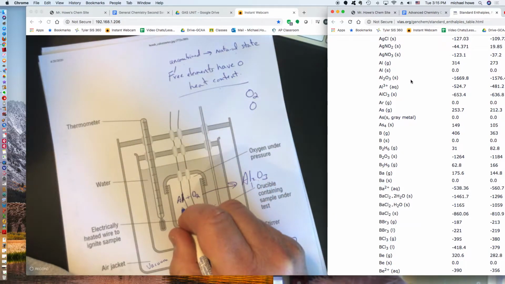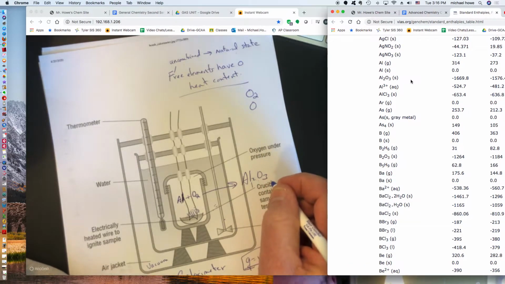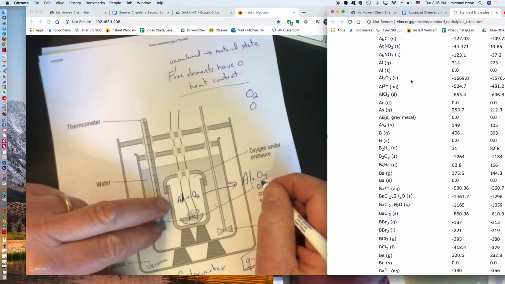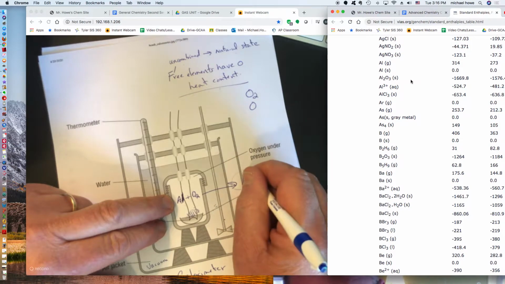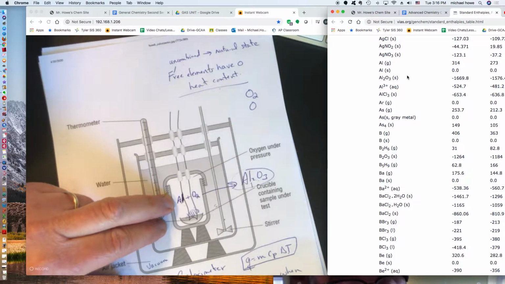So if I took a sample of aluminum and combined it with oxygen, I'd make aluminum oxide. All of the energy change, by definition, would be associated with the aluminum oxide, not the aluminum and the oxygen, because they're defined as having zero heat content. So if you look over here, aluminum is normally a solid. In its standard state, it's 0 heat content.